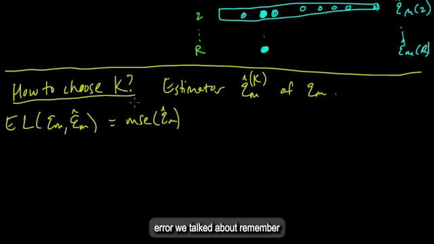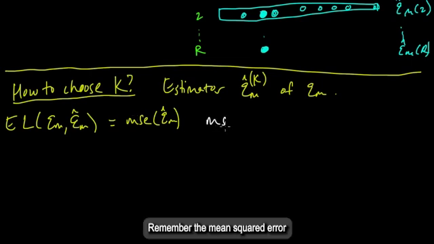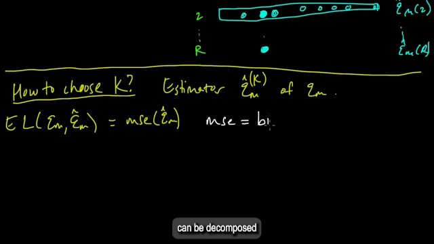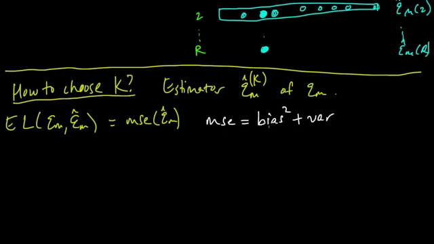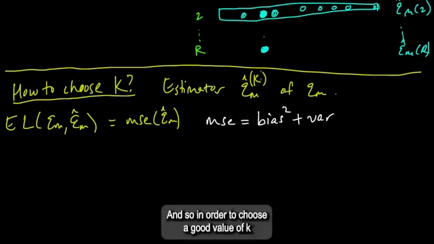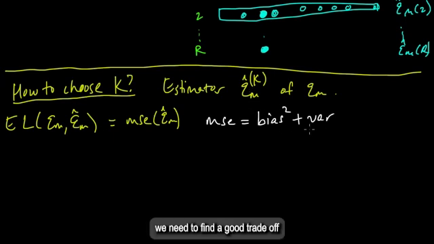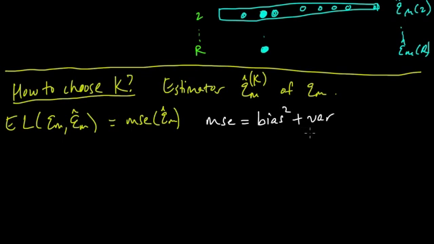Remember we talked about the bias variance decomposition: the mean squared error can be decomposed as the bias squared plus the variance. And so in order to choose a good value of k for this estimator, we need to find a good trade-off between bias and variance.